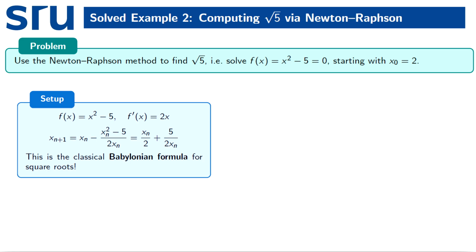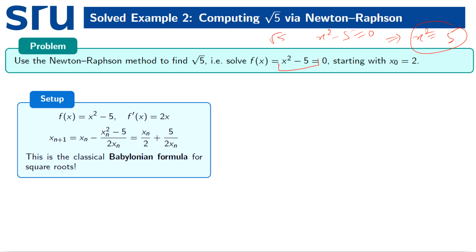So here the equation will become x square minus 5 equal to 0, because root 5 is the root of this equation. x square equal to 5, and when we take the square root, it becomes x equal to root 5.